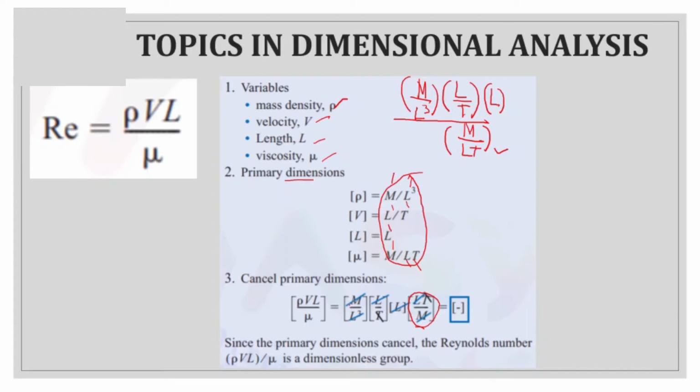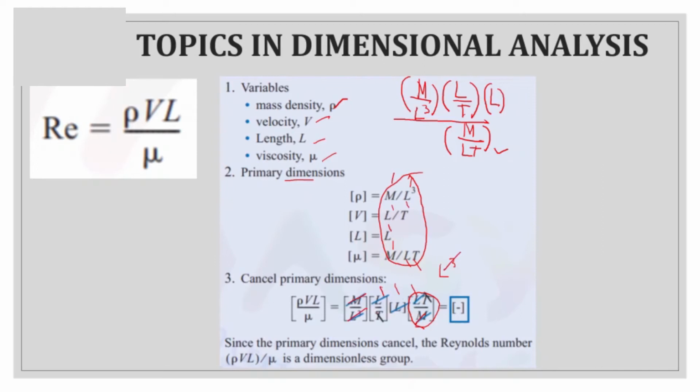As you can see, we have this m dimension at the top, and I also have this m at the bottom, so we can cancel out that dimension. Then L cubed: if we multiply the L times L times L at the numerator, that will also give us L cubed, so L cubed cancels out.